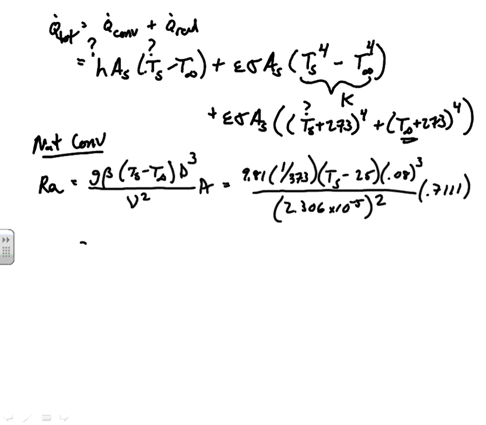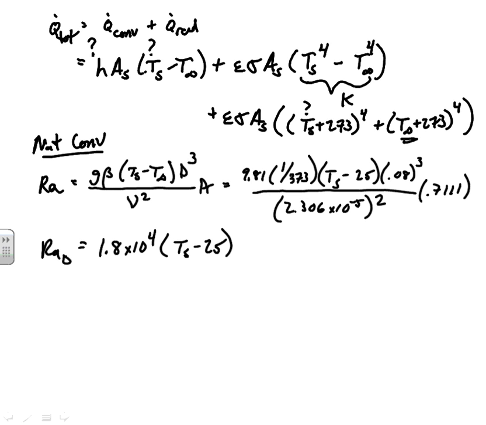Okay. I can punch that into my calculator and get 1.8 times 10 to the 4 times Ts minus 25. So this is what my Rayleigh number is equal to.